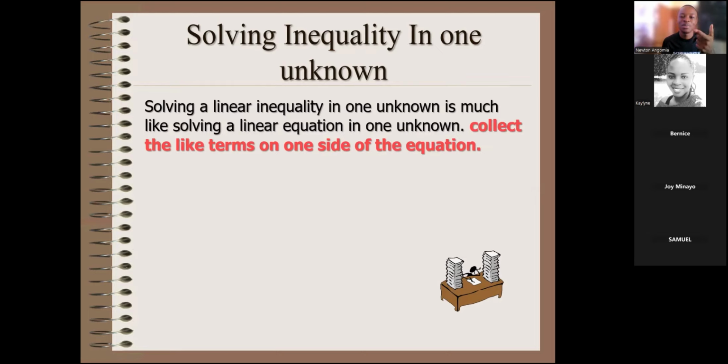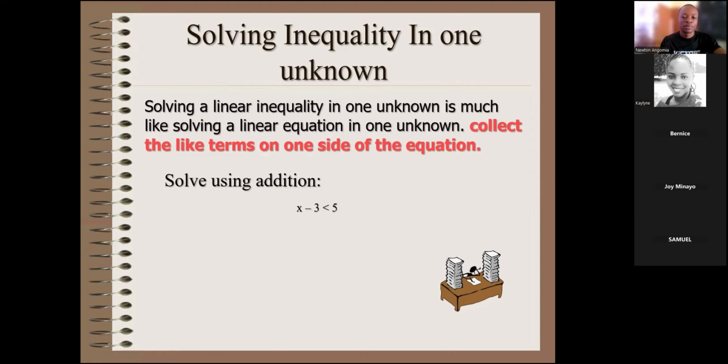It's just the symbols that have been changed from the equal sign to an inequality symbol. We normally collect like terms on one side of the equation. Now we are dealing with inequality, so we shall be collecting like terms on one side of the inequality symbol. Are you getting that? All right.